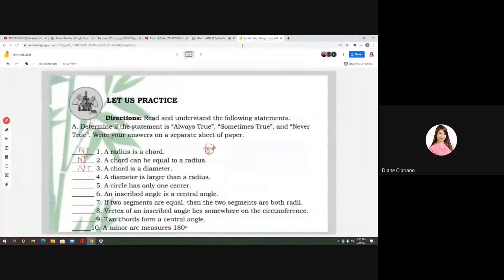So, yeah, we can consider it sometimes true. A chord is a diameter. Ang chord ay diameter. Sometimes true. Yes, we can consider it as sometimes true. Pero hindi naman natin i-close na hindi siya pwedeng maging diameter. Because we can consider diameter as a special chord.